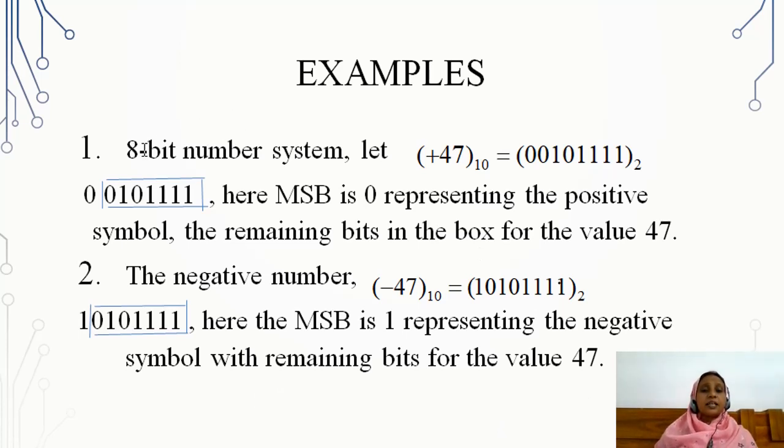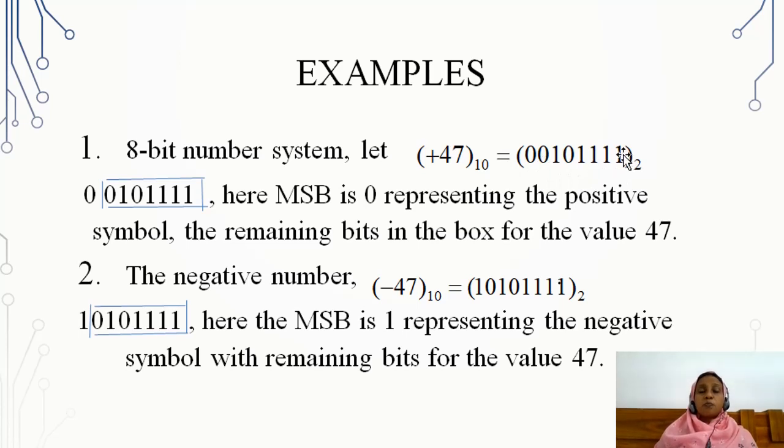Here you can see an 8-bit number. In this 8-bit number system, suppose we have to convert positive 47 to its corresponding binary. So, in the 8-bit representation, this number is represented like this: 0010 1111, base 2.